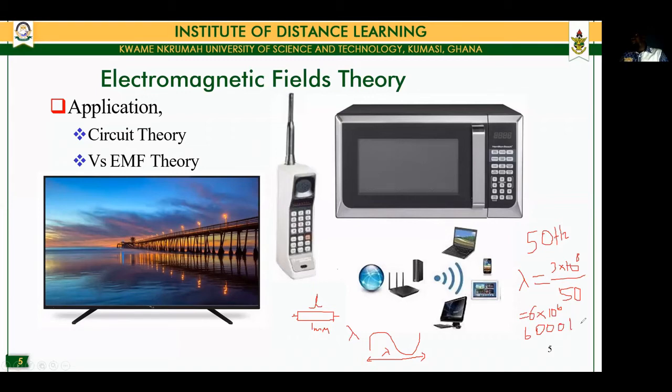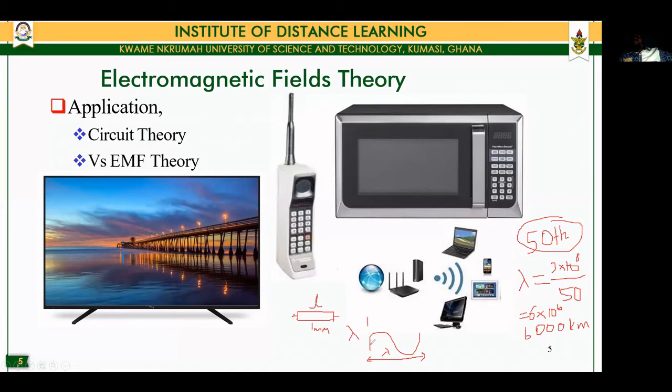This is 6,000 kilometers. It means that for a signal which has a frequency of 50 hertz, the wavelength is 6,000 kilometers. Compare 6,000 kilometers to 1 millimeter. 1 millimeter is very insignificant.